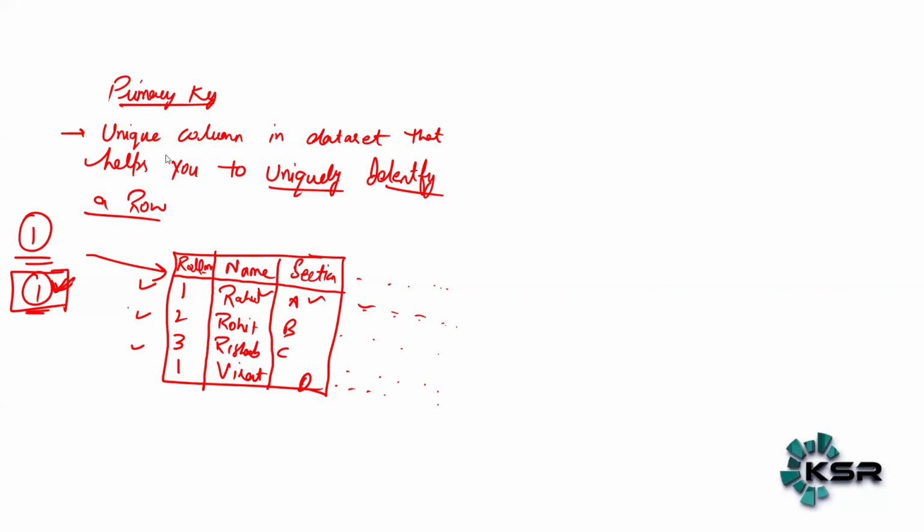Like suppose you are there, and I ask you, please give me the chair. There are multiple chairs in the room, so there will be ambiguity in your mind, right? Which chair are you talking about? This is an ambiguous situation.